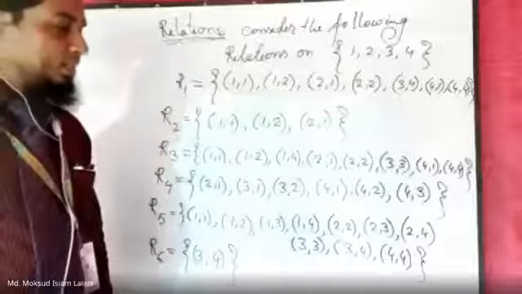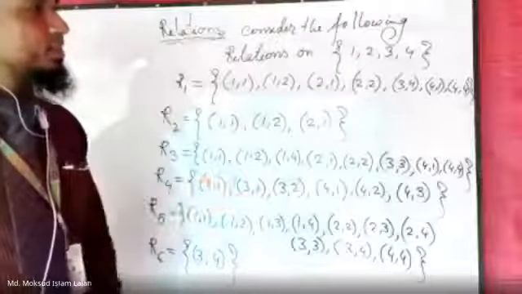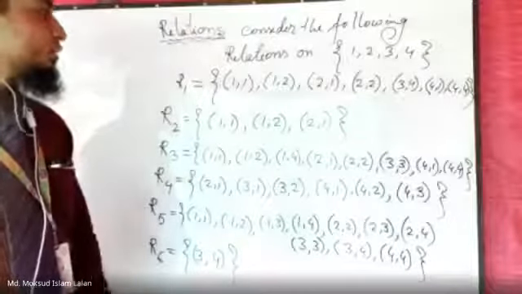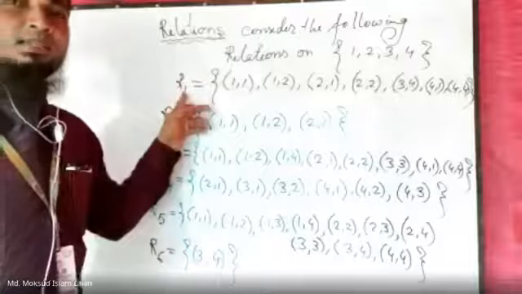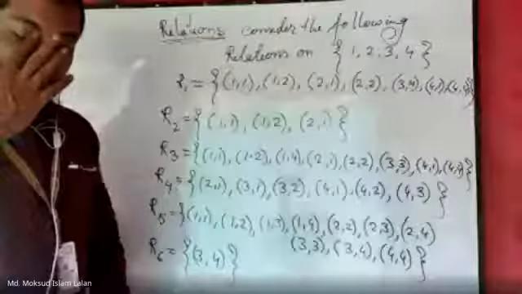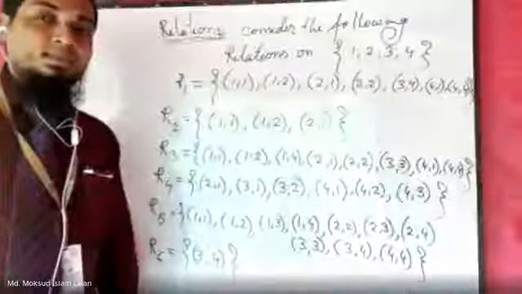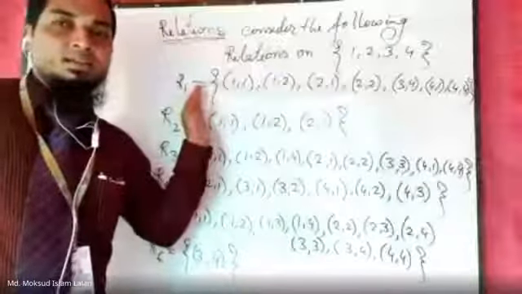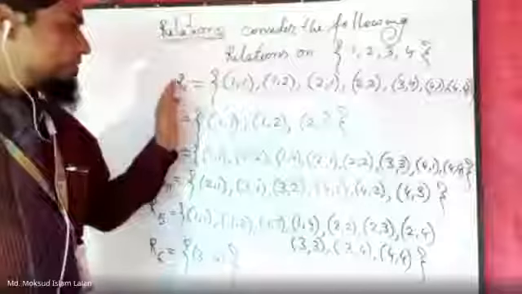Is there any other? So why is R1 not reflexive, Tanjum? Because sir, the (3,3) pair is not there. Yes, the (3,3) pair does not belong in R1, right? Yes sir. Very good.